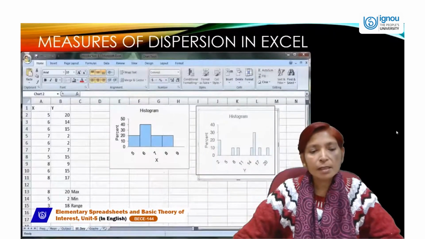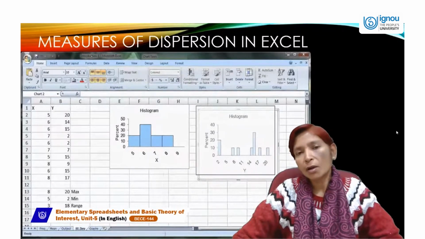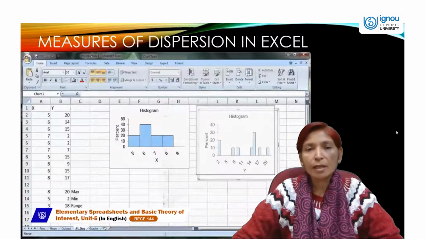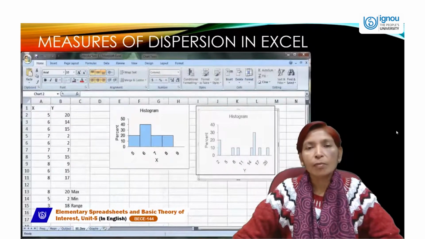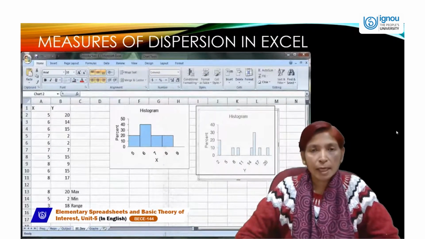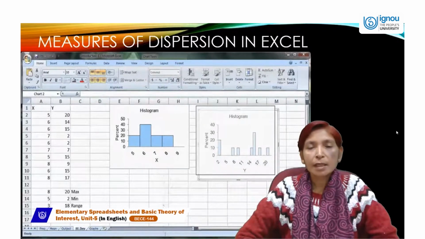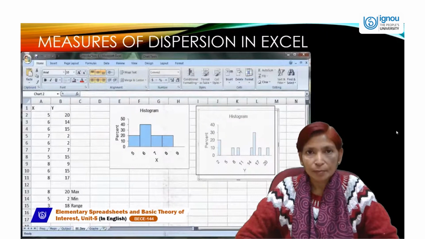And the square of standard deviation is called variance. Variance tells us the variability of the given data. If there is too much variance in the existing data, it means there is less consistency and it will be less reliable.